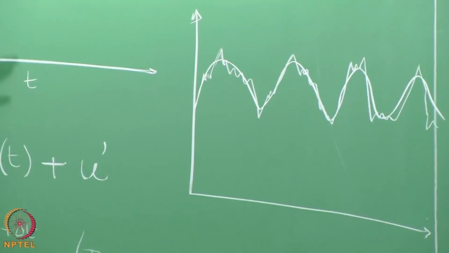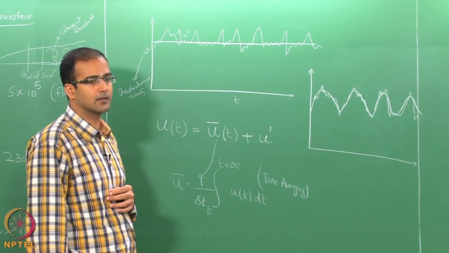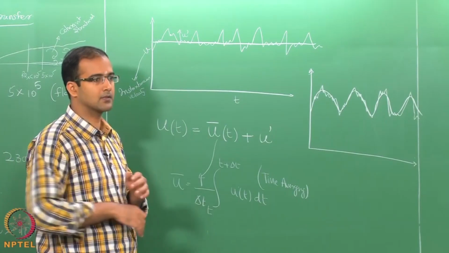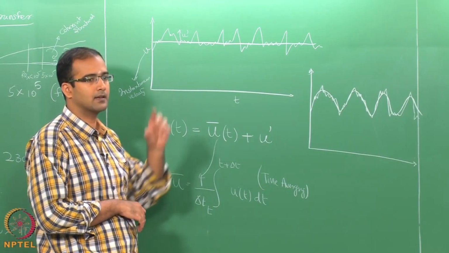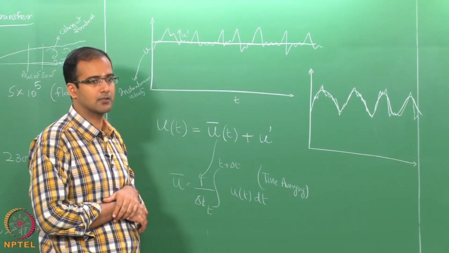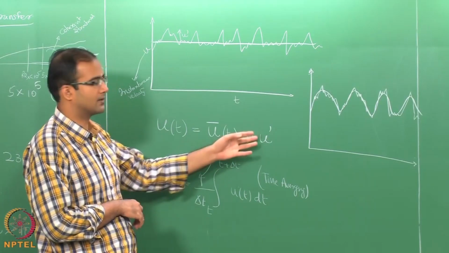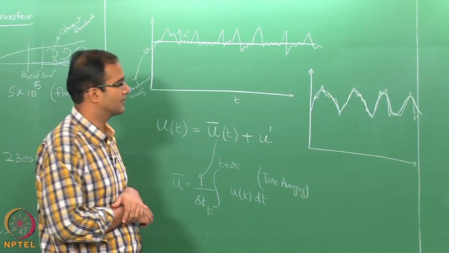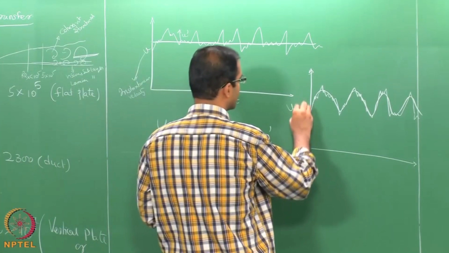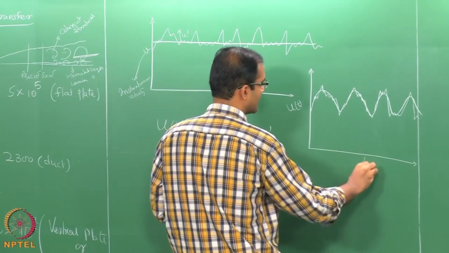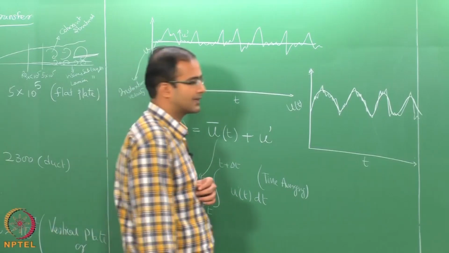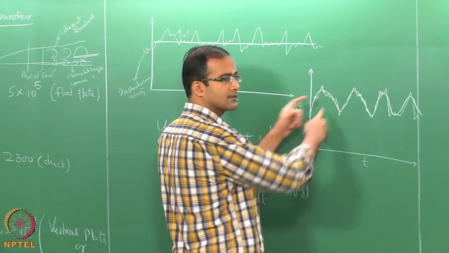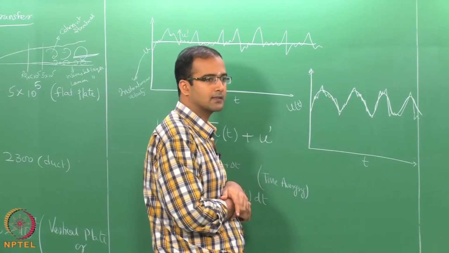Understand? So, these are not small fluctuations. You should distinguish the waviness, which is actually the time variation of the mean velocity, from the fluctuation, which is your RMS velocity or root mean square velocity. So, if you plot the instantaneous velocity here, and you carefully apply the time filter, such that this time filter is smaller than the waviness.